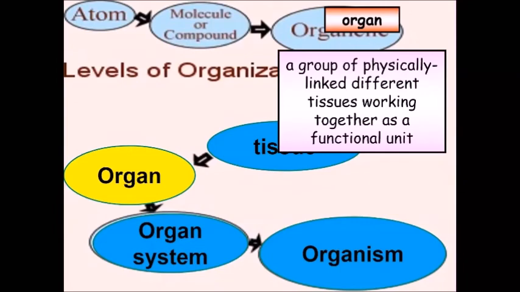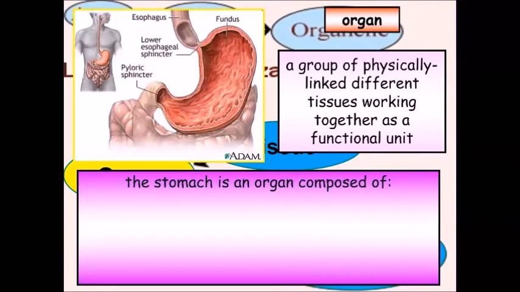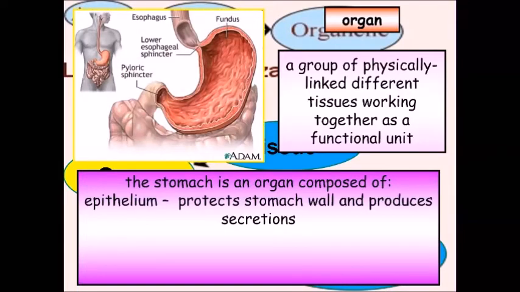Organs are basically uniquely structured to allow them to carry out that specific function, be it the circulatory system, digestive system, etc., which we'll look at in a bit more detail in a bit. One organ that AQA like to focus on is the stomach, which is made of many layers of highly specialized tissue. It's very, very well structured, and you've got the epithelium there to protect the stomach lining.